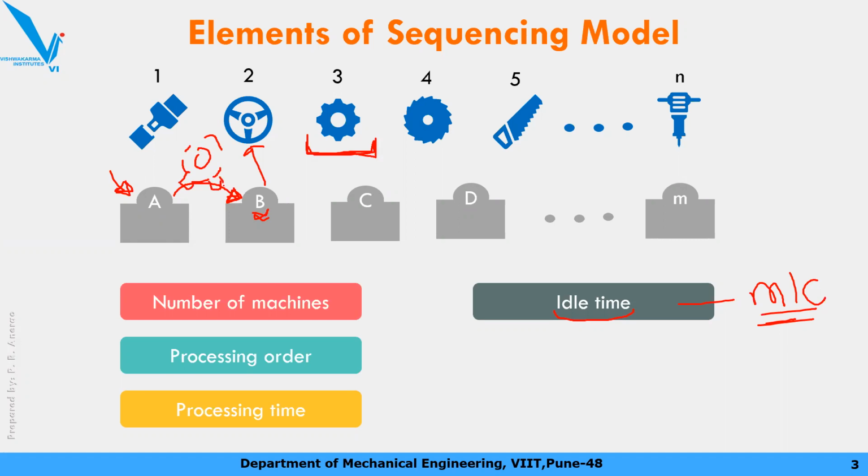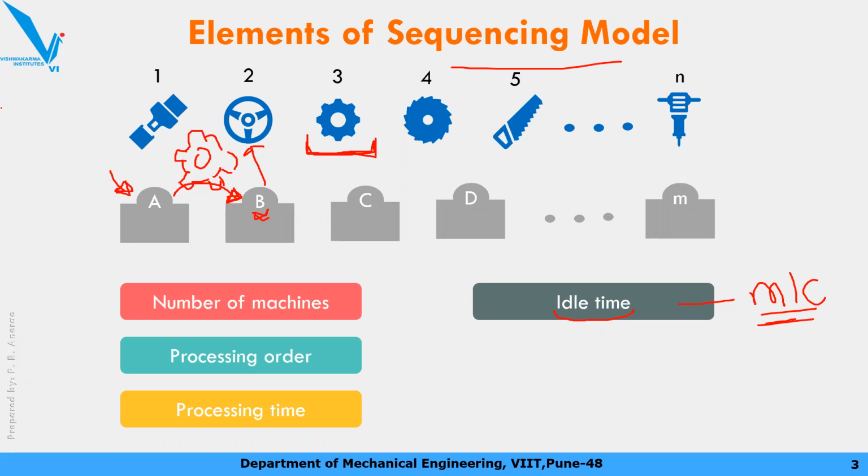Many times students get confused that the waiting time of the job is the idle time. This is not the idle time when we look at a sequencing model. When the job is not being worked on and is in the waiting area, you should not consider that time. When we look at idle time, we need to look at it from the perspective of the machine only.